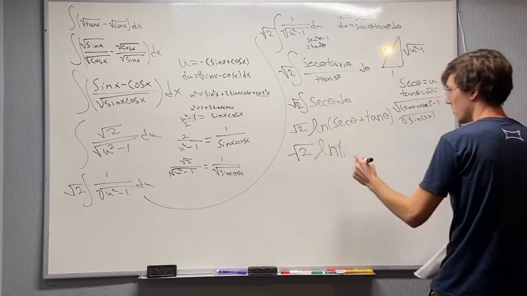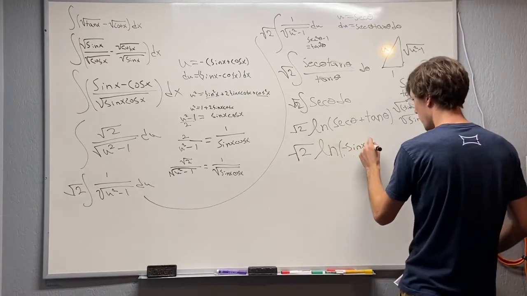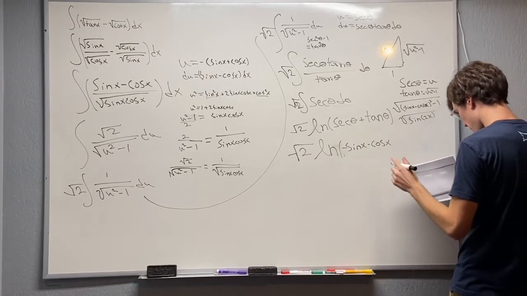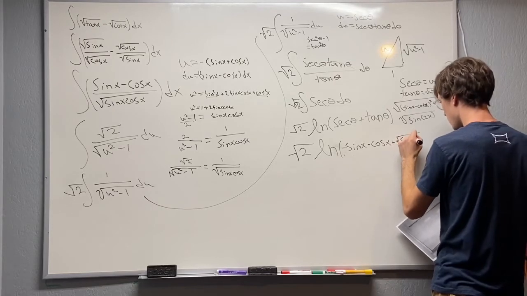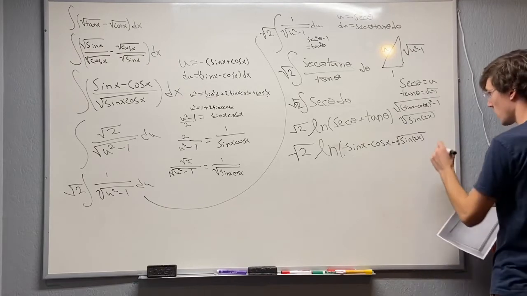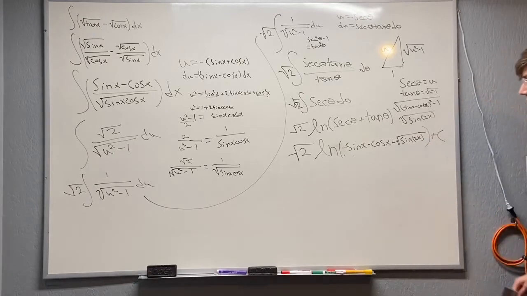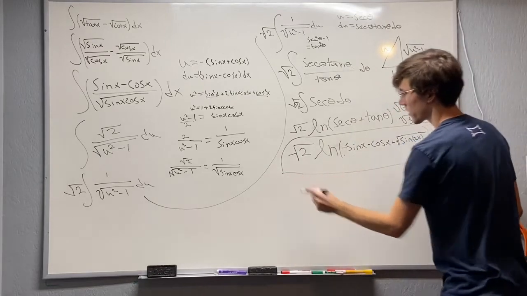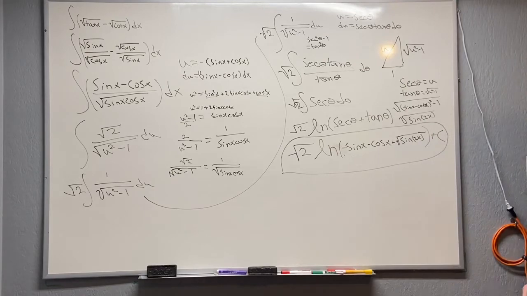So secant is equal to u, which is negative sine of x minus the cosine of x, plus the square root of the sine of 2x, plus c. And so basically, this is going to be the first half of what the square root of the tangent of x is going to equal.